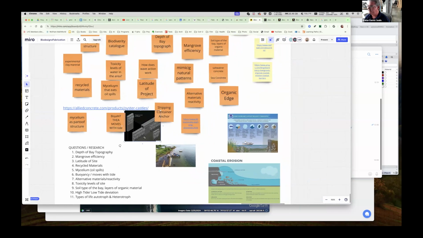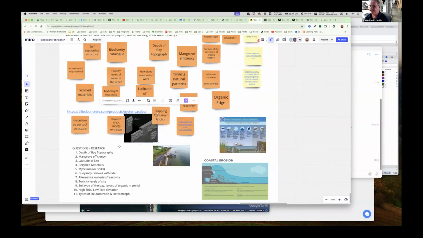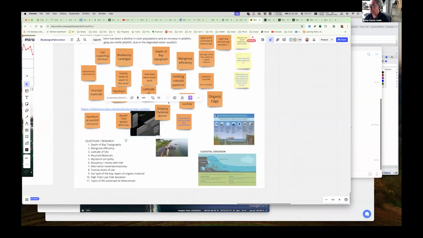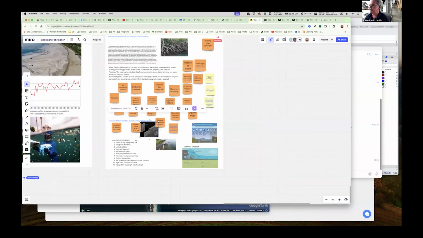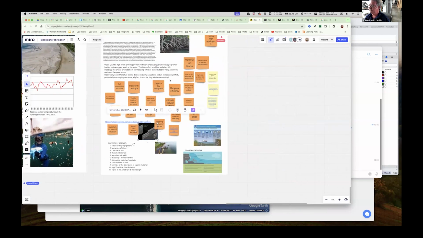So anybody from the team that wants to take over, we've started identifying lots of issues. What kind of biodiversity, what's wave action, the bay rises a foot and goes back down, what are the parameters?